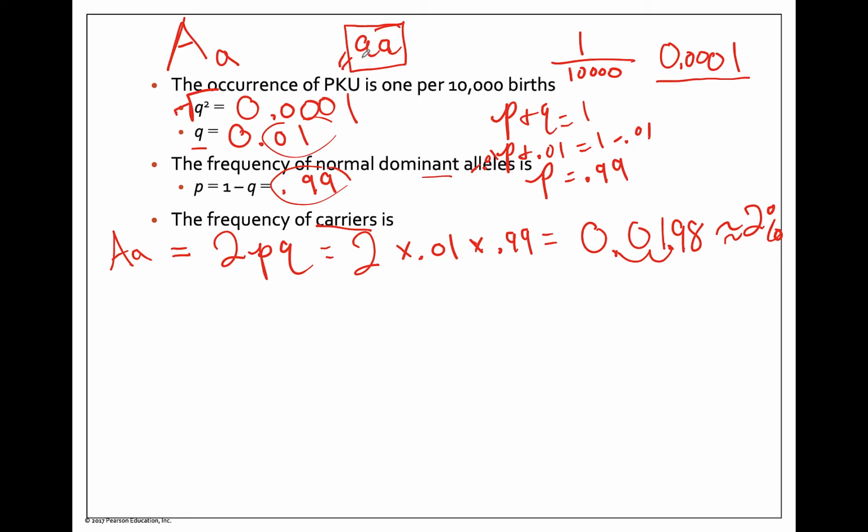So we only have 4 out of our 5 variables. We have almost all of them. We have q squared, q, p, and 2pq. The last one that we're missing would be p squared, which is going to be homozygous dominant. These are people who are just normal and not carriers.